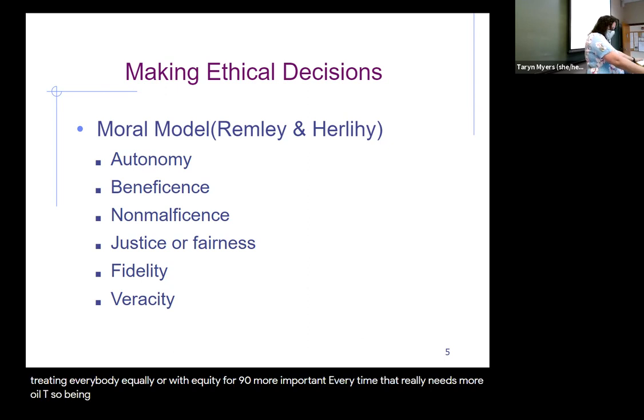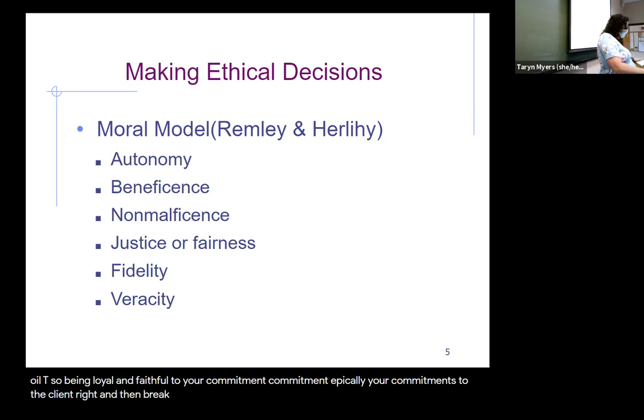So being loyal and faithful to your commitment, ethically, your commitments to the client, right? And then veracity is just being honest. Don't make stuff up. Don't exaggerate the findings because you think it would sound cooler, right?